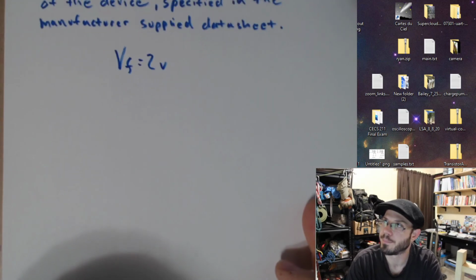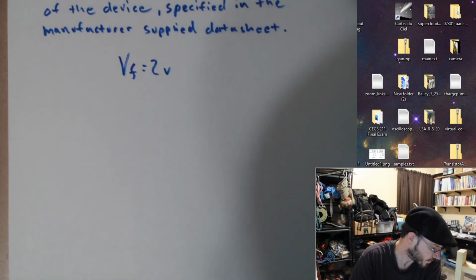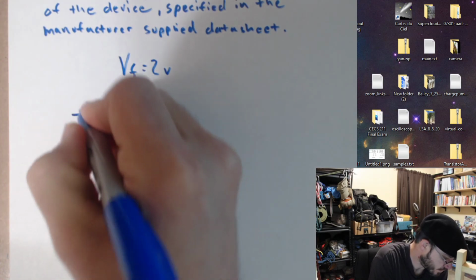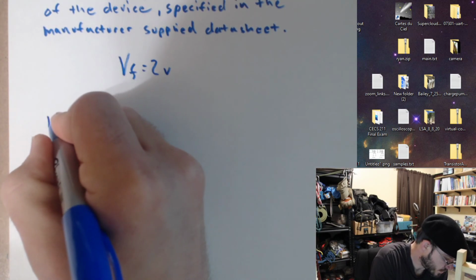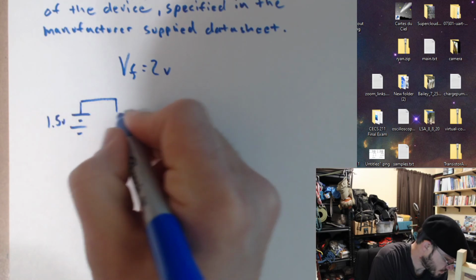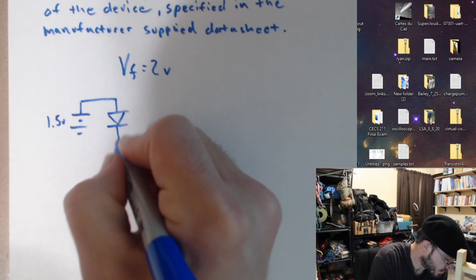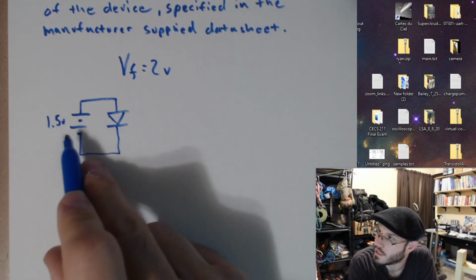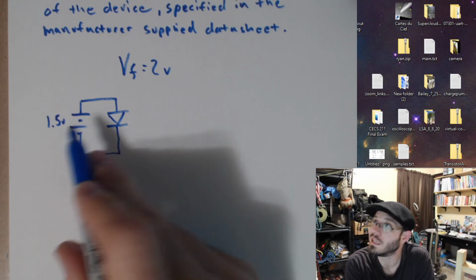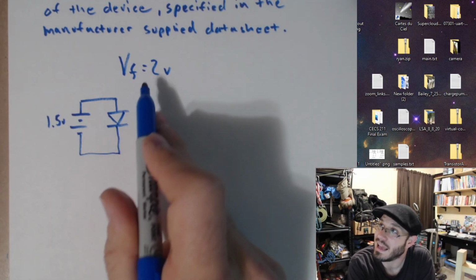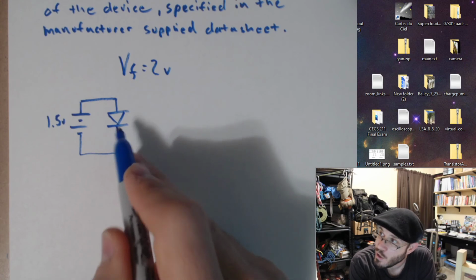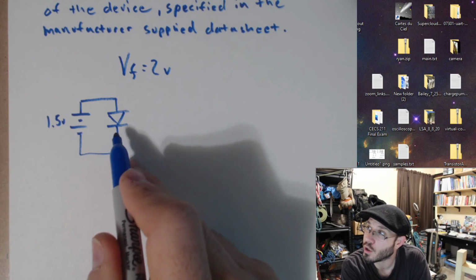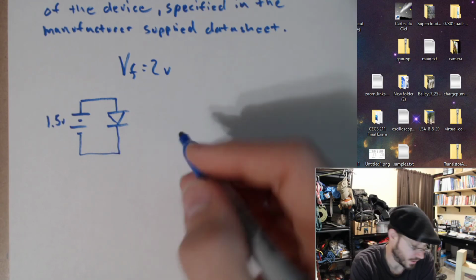What does this mean? If my supply voltage, my applied voltage to the diode, is less than V sub F, even though this is forward biased, it is not going to allow current to flow through it.